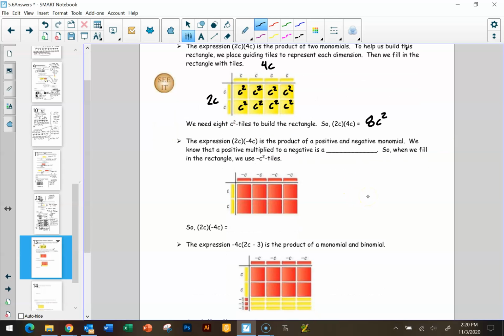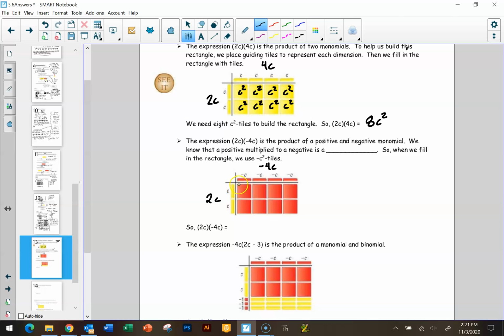And you could do this with negative numbers as well. This second example has the same 2c here on the left side, but instead of having positive c's at the top, we've got the negative c's. So we've got four negative c's there. And all we have to remember here is for each of these particular shapes, we have to look at the signs for the monomials.